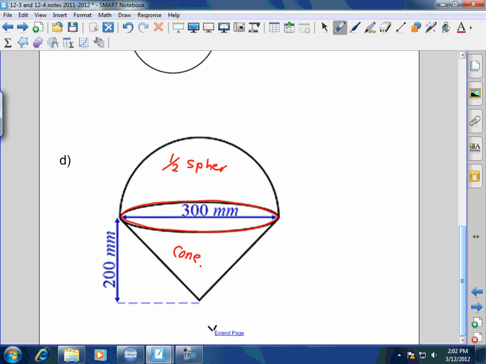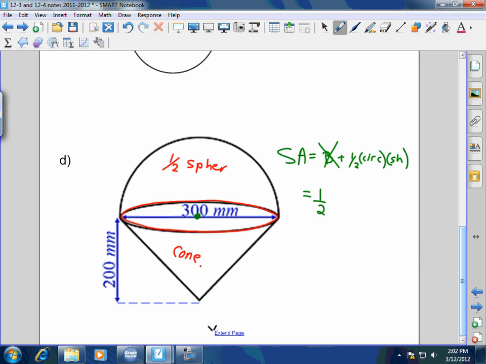So to make our lives easy, surface area of the cone, remember, is the base plus half of the circumference times slant height. But for this particular case, get rid of the base. Excellent, guys. So the surface area is going to be 1/2 of the circumference. Well, isn't the radius 150?